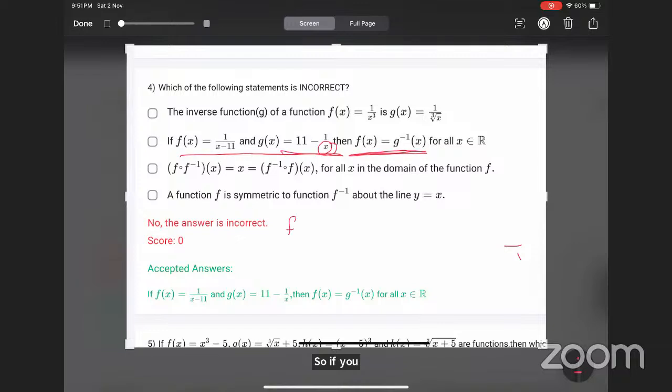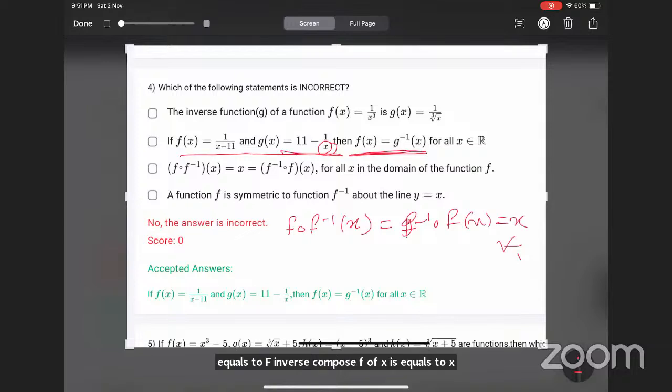Since we are not getting that, f compose f inverse of x equals f inverse compose f of x equals x for all x. If we get f compose g equals g compose f equals x, then this is correct. Otherwise, this is incorrect. We cannot get x if we do the composition, so clearly this is incorrect. Hence, this is the correct answer.